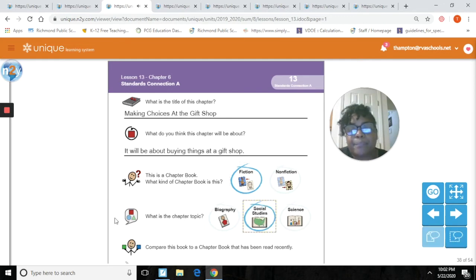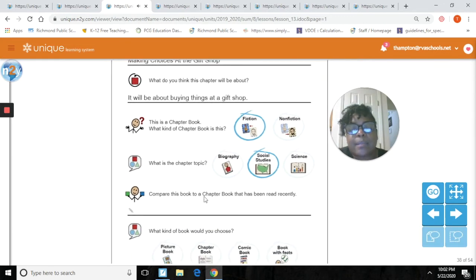It says here, compare this book to a chapter book that has been recently read. When we compare things, we talk about the similarities and the differences of things, right? I'm going to think about a book that I have recently read to give you an example.